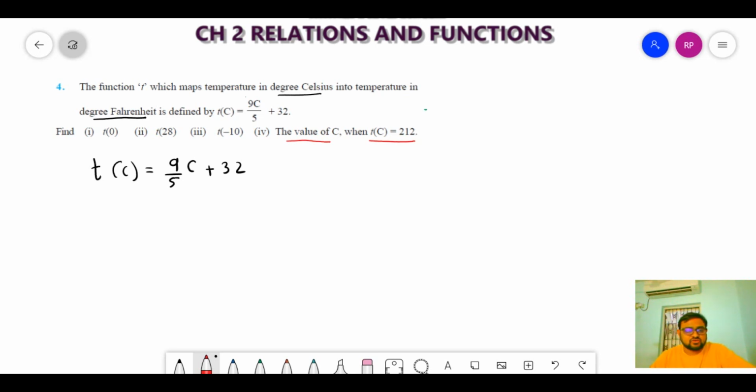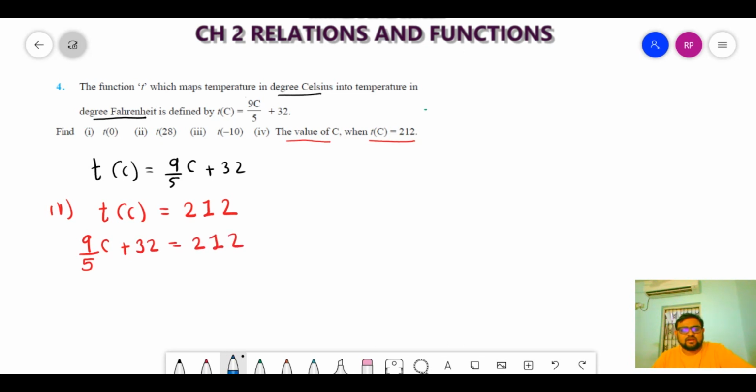Clear? So T(C) is equal to 212. Let me use the formula: 9/5 into C plus 32 is equal to 212.